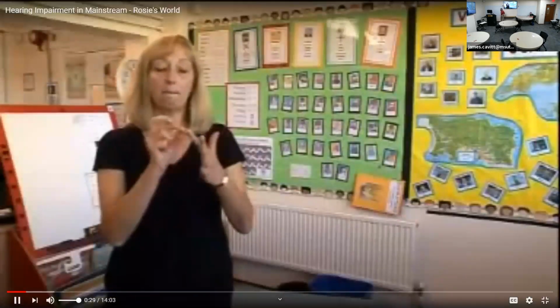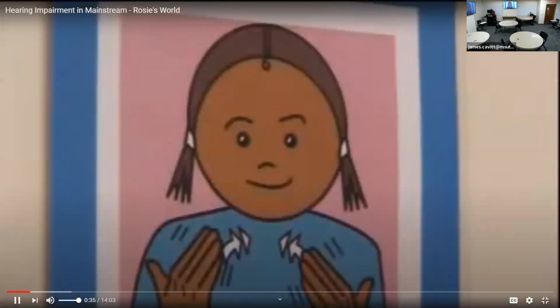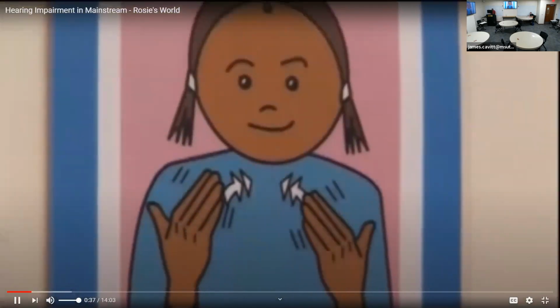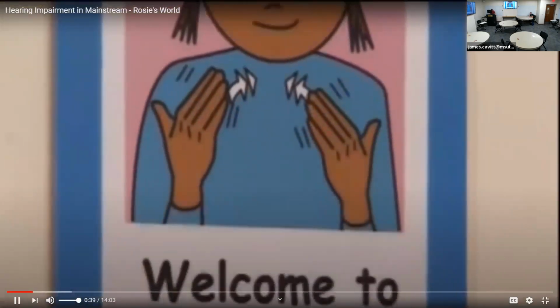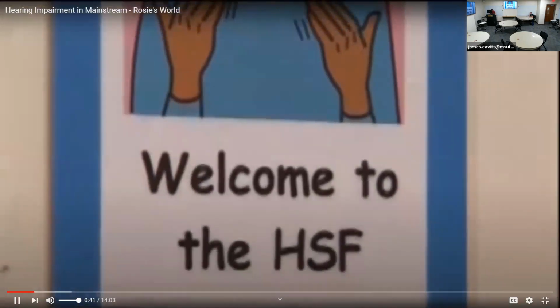I'm Jan Pearman, teacher of the deaf, and I'm head of the hearing support facility. At this hearing support facility, we use total communication, which generally encompasses all forms of communication. So depending on the child and depending on the context, we might use sound supporting English or signed English or BSL or oral communication or a combination of all of those, depending on the child and what's needed at the moment.